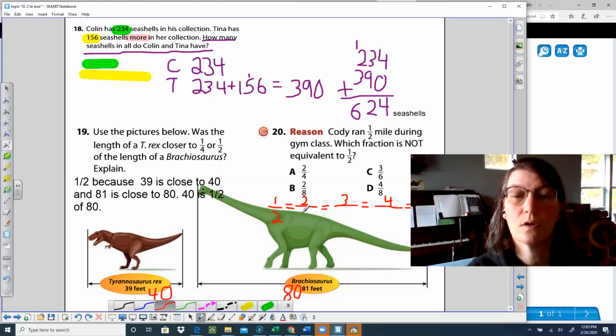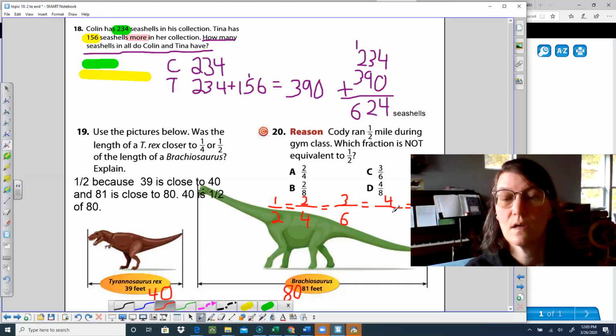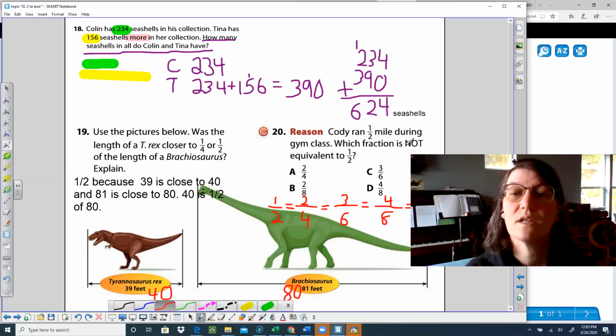So 2, 4, 6, 8, and 10. So now it wants us to figure out which one is not equivalent to a half. 2/4, yep, there it is. 2/8, I do not have a 2/8, so that one's looking good. 3/6, oh, there it is. 4/8, there it is.